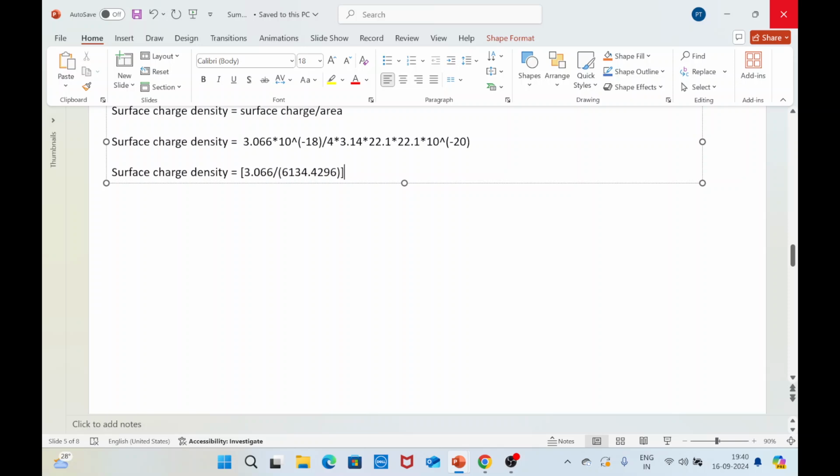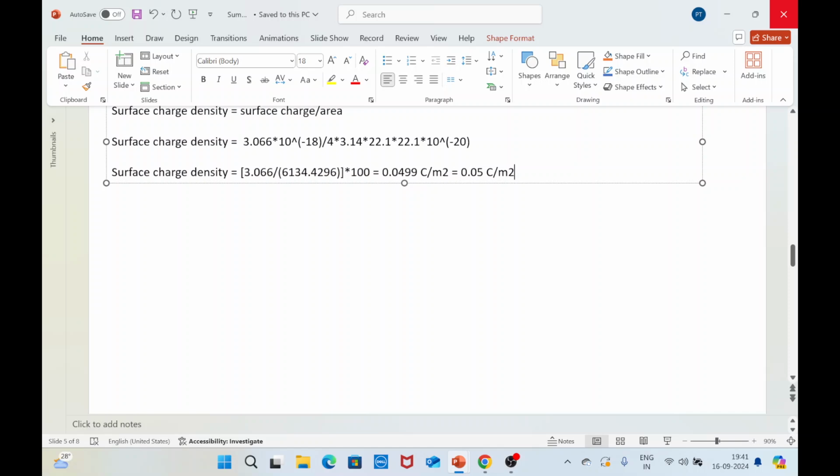So if you do the multiplication, you'll be getting 0.0499 coulomb per meter square, which I am writing as approximately equal to 0.05 coulomb per meter square.